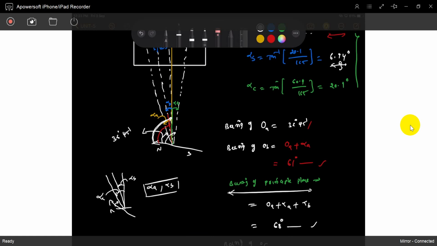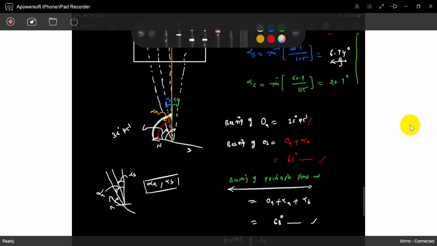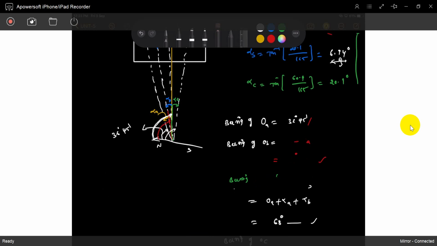Something is missing, something we did wrong. What did we do wrong?